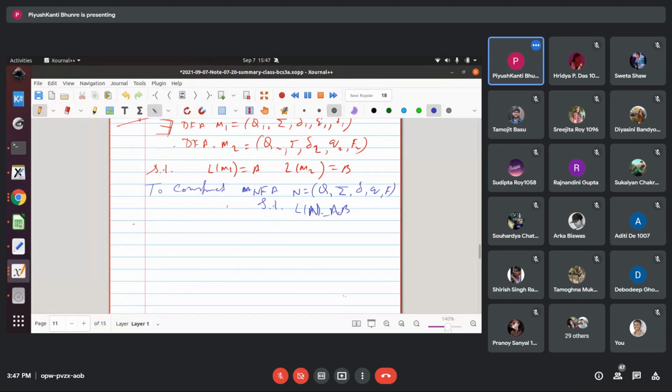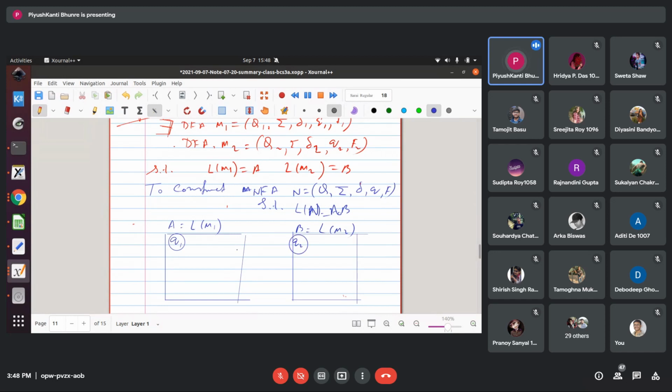So basically, concatenation means you're adding one after another. So suppose A is there. This is your A, which is basically nothing but L(M1), and also there is B, so L(M2). It has a start state, say q1.